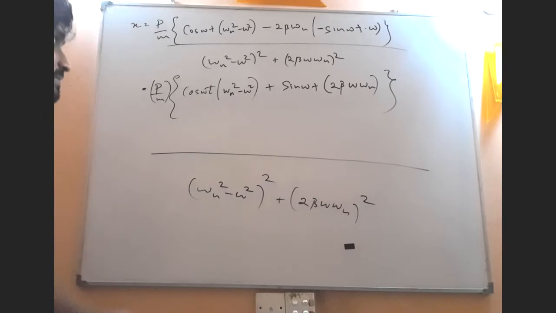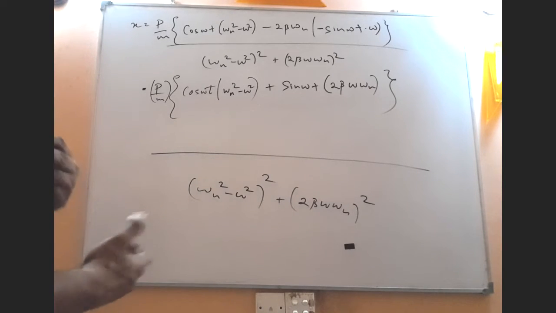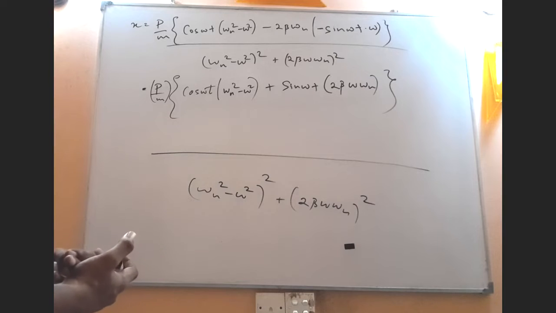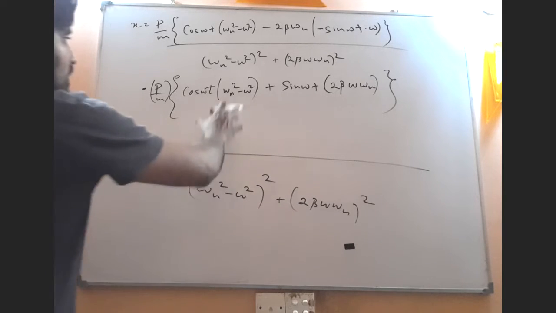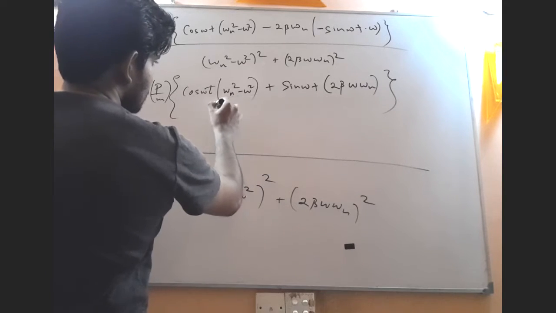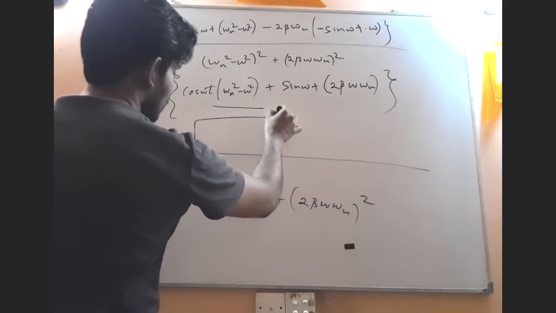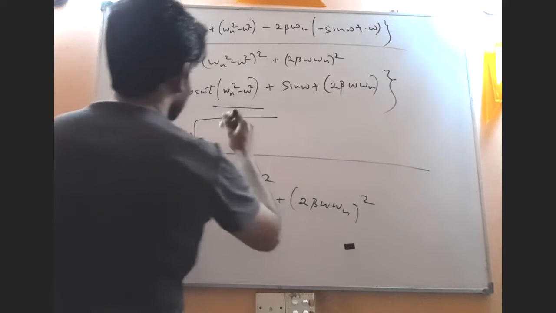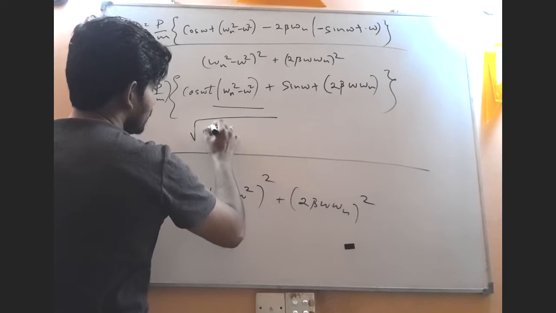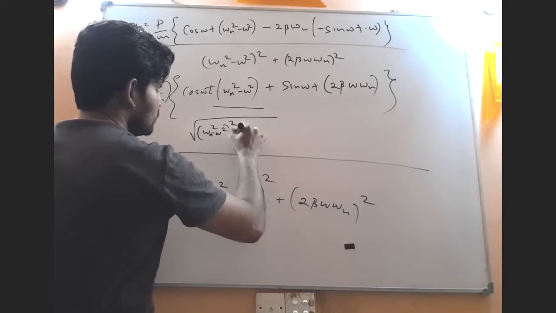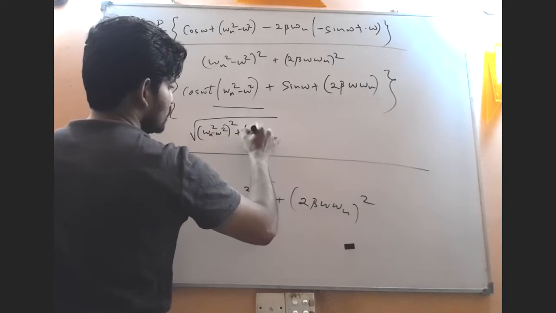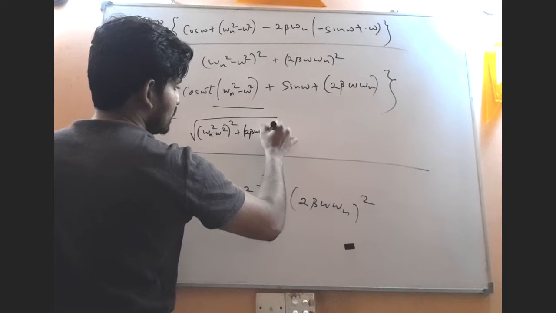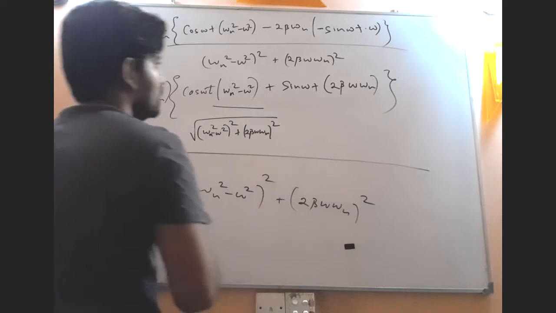So now the next target is to form a trigonometric expression, right? In order to do that, divide this part by the square root of this squared plus this squared. That means omega n squared minus omega squared whole thing squared plus this part, 2 beta omega n whole thing squared, right?